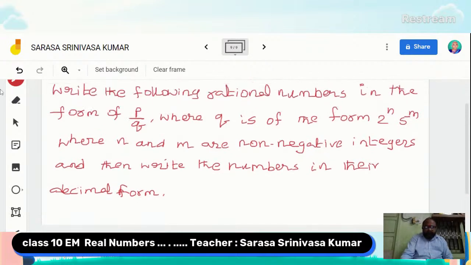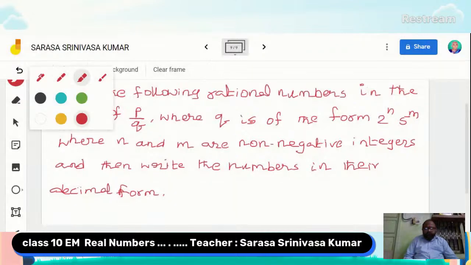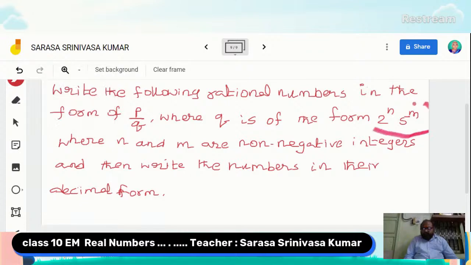So let us see this. Write the following rational numbers in the form of p by q. That is, a number in the form of p by q is given to you, and q is of the form 2 power n multiplied by 5 power m, where n and m are non-negative integers.